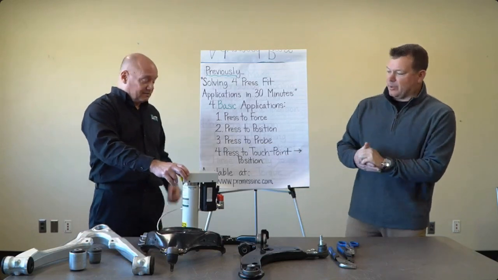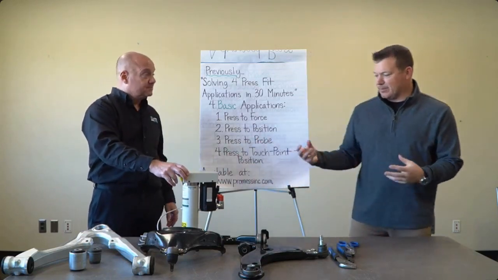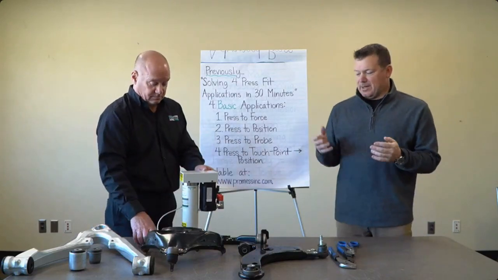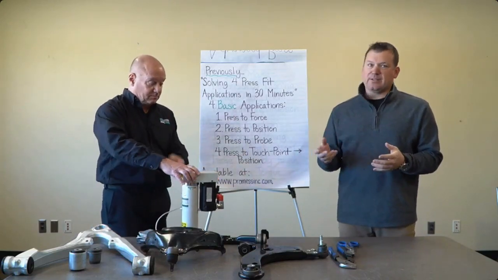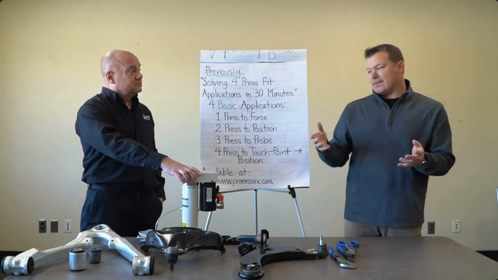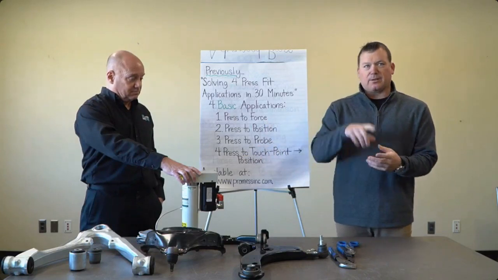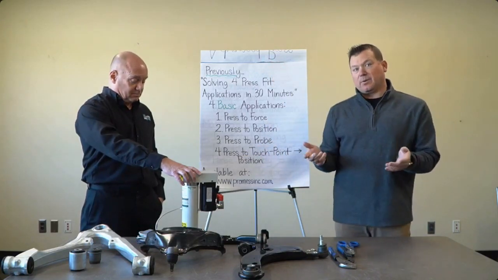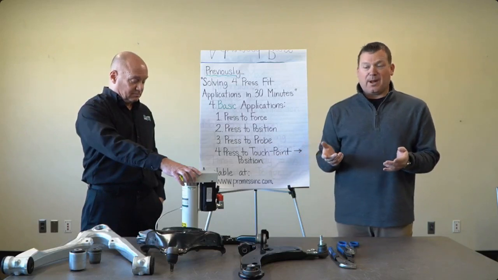Right, and it's important to note too, when we're pressing these components together in press fit applications, a lot of times the pass or fail criteria is based off signature analysis. And what that means is graph. So as a part goes together, we can put limits around the graph, and that can determine whether the part is an acceptable part or not.